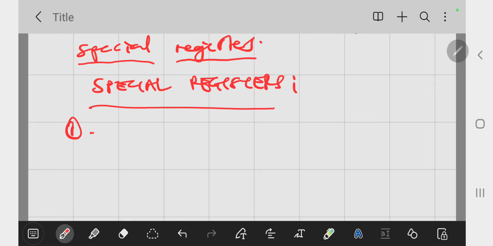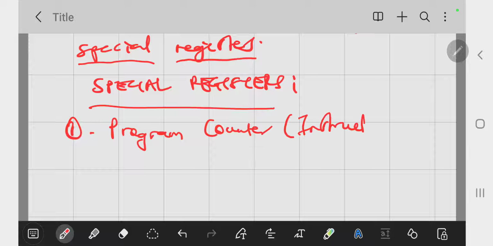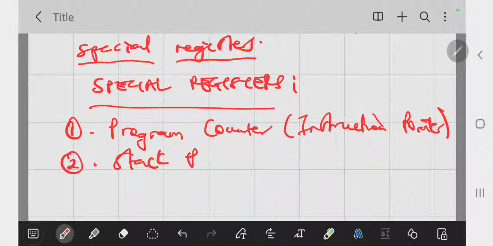It will summarize everything about registers. The ones which you are supposed to know like the back of your hand are the program counter, also known as the instruction pointer, and at the same time you also need to know the stack pointer. Since we need to know them, let us just know them.